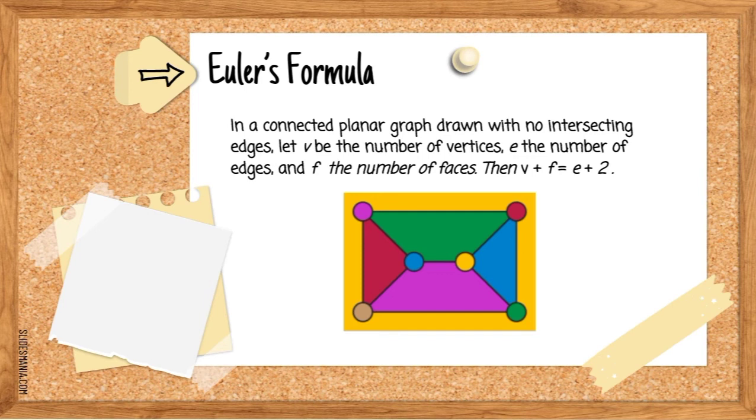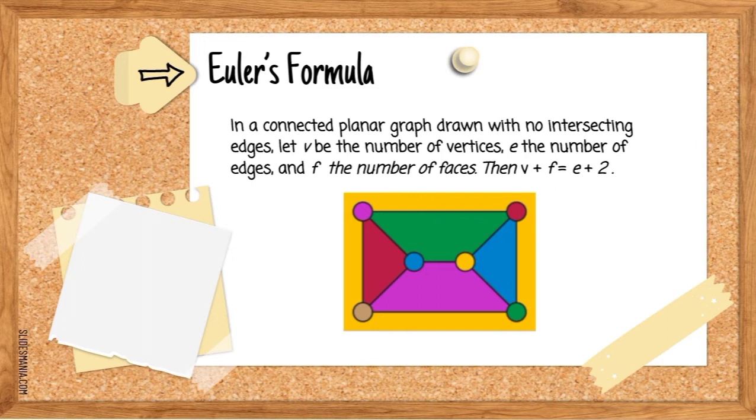In any planar graph, we use Euler's formula to determine how many vertices, faces, or edges can be present in a planar graph depending on what is being asked. Usually, it's the faces that use this formula: V plus F is equal to E plus 2, where V is the number of vertices, F is the number of faces, E is the number of edges, and 2 is a constant.